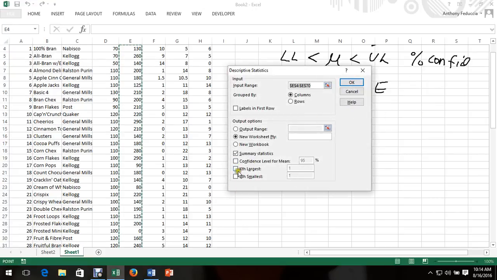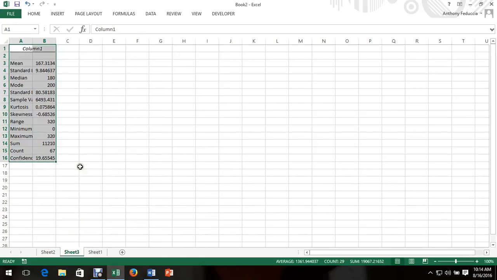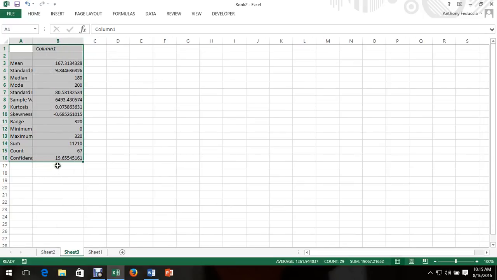Now, you notice down here, confidence interval for the mean, it's got 95%. We can change that to whatever we want. But if we click OK now, it is going to tell us that the confidence is 19.655. That is our error term.